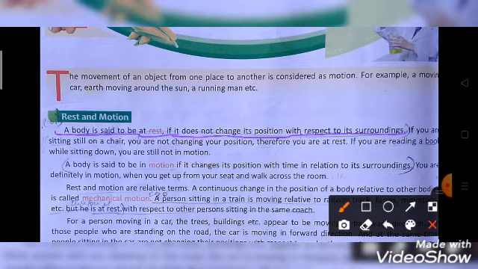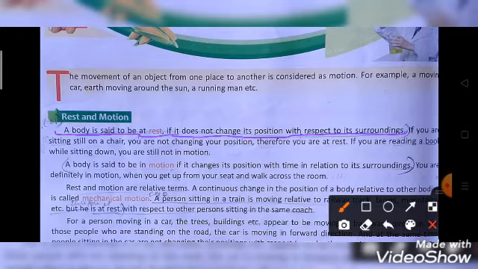Example: you just keep your book on the table, and the book will stay on the table as long as you do not take it and keep it somewhere else. Likewise, you just sit in your home without moving for 2-3 hours. That means you are at rest because your position does not change with respect to the surrounding. That is called rest.